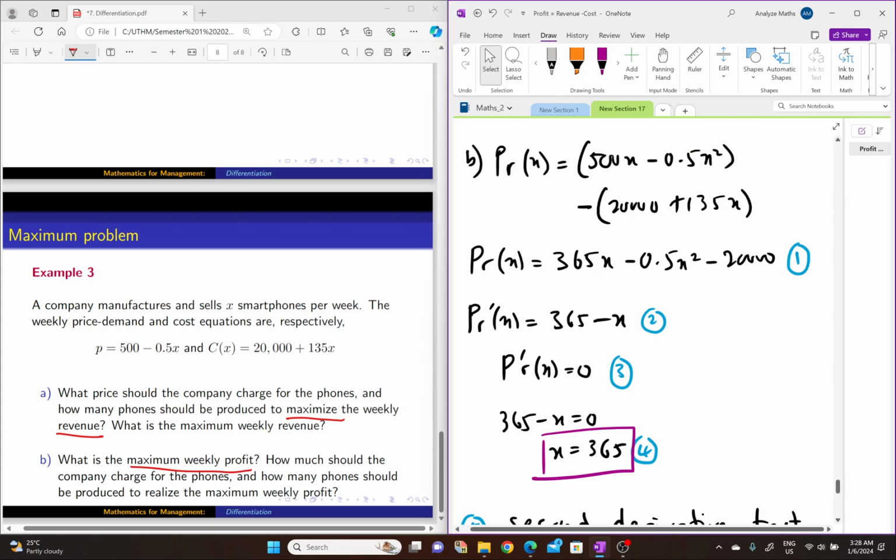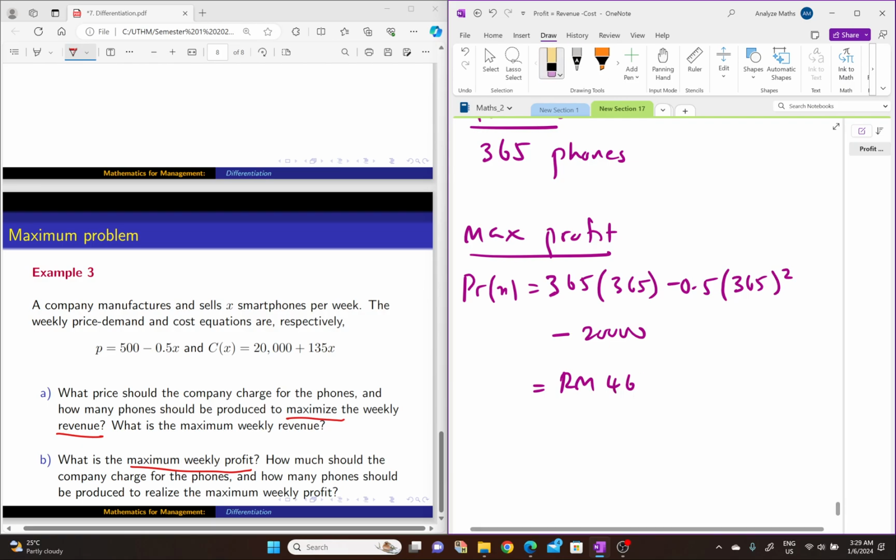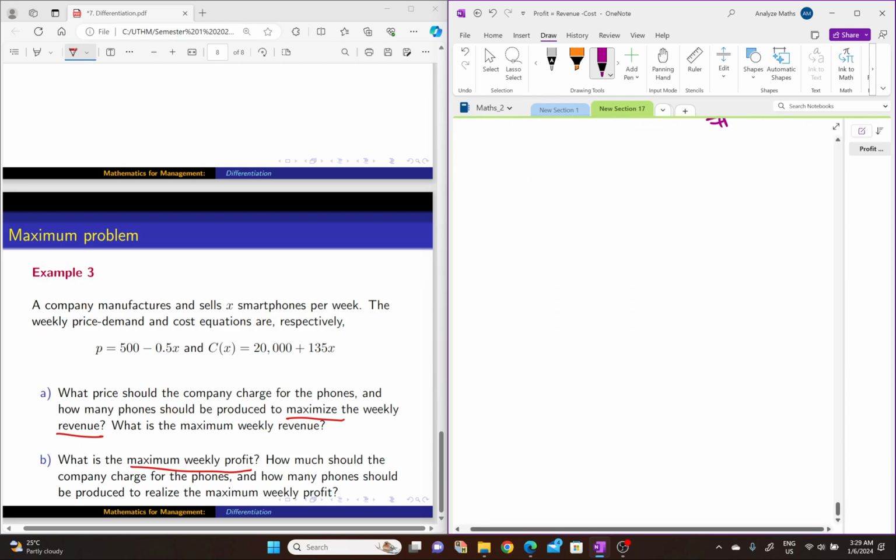Just now the profit function was with x equal to 365. This is the answer, and you can write the wording now.